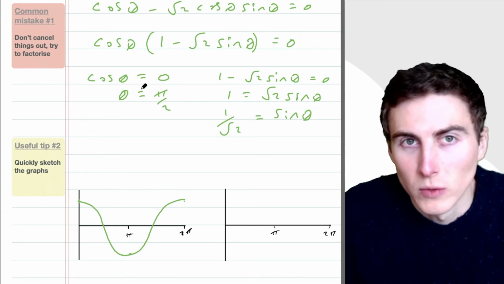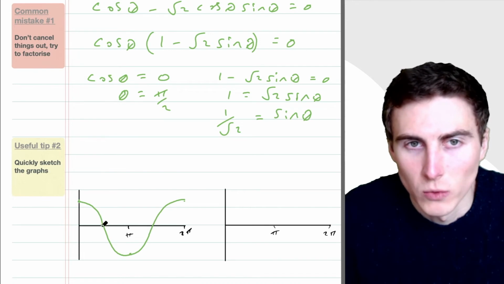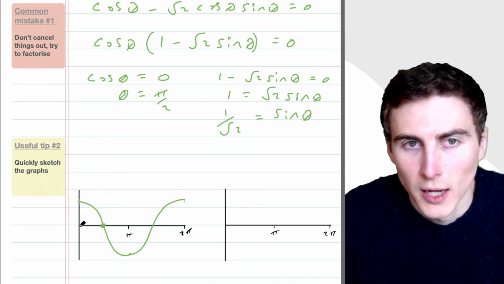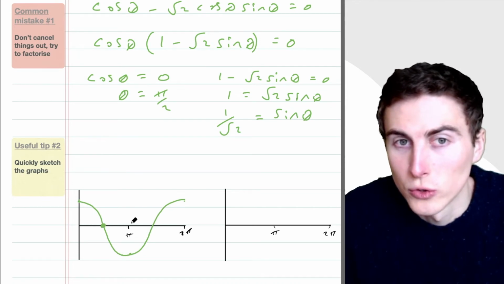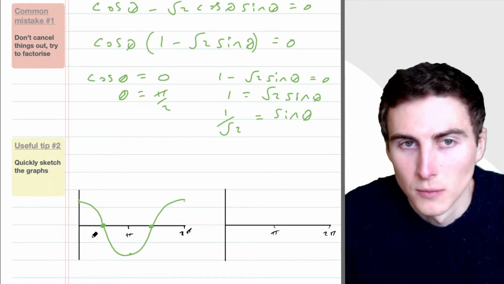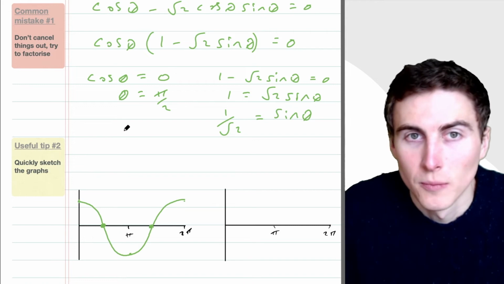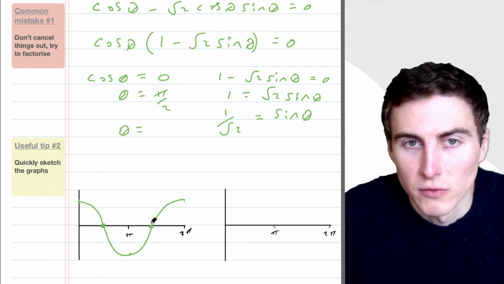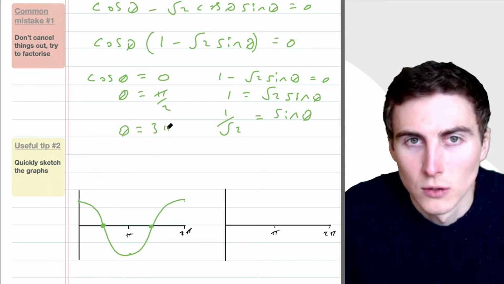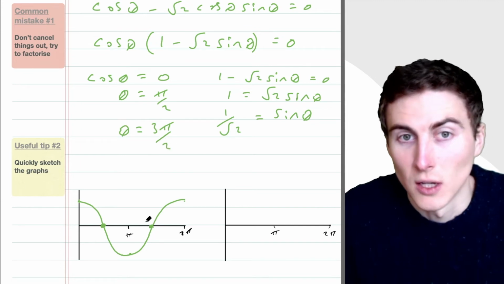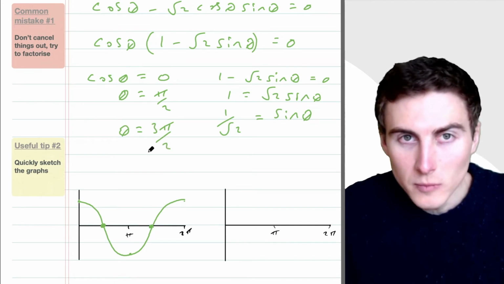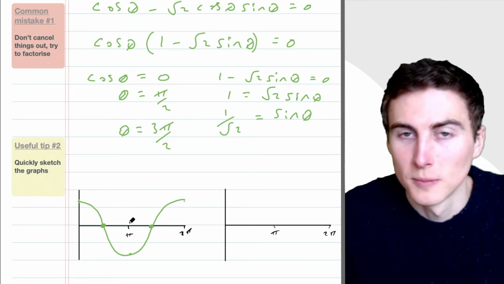The value where cos is 0 and theta is pi over 2 is this one here. There's another solution, because cos is also 0 over here, which is 3 pi over 2, because it's halfway between pi and 2 pi. So those are our two solutions from here.